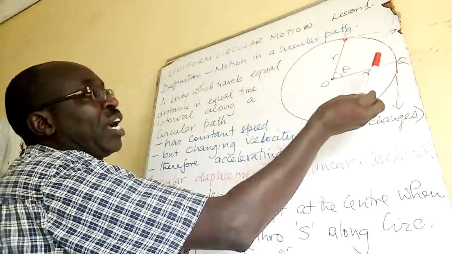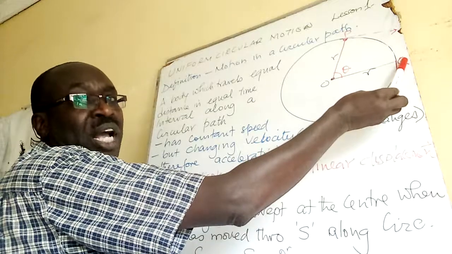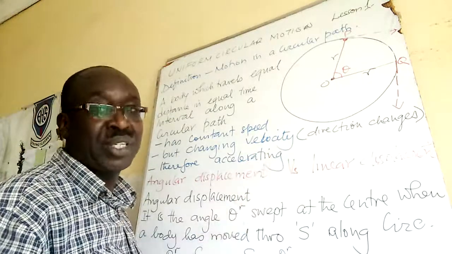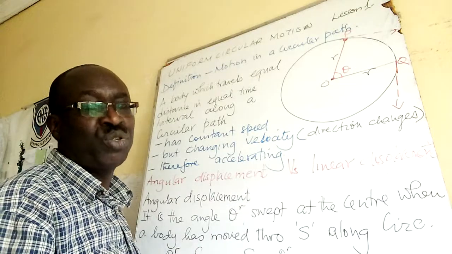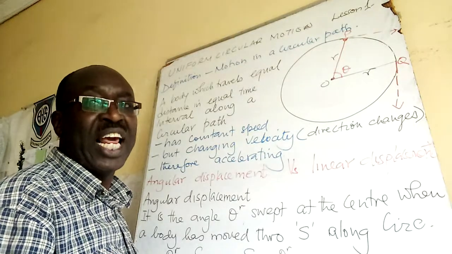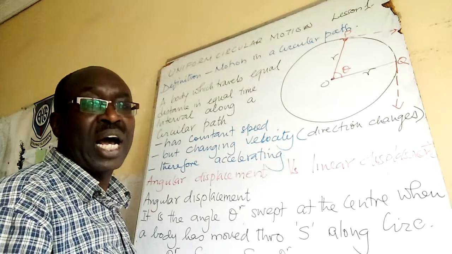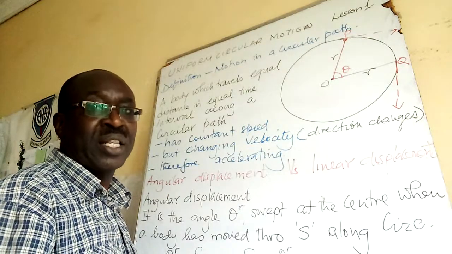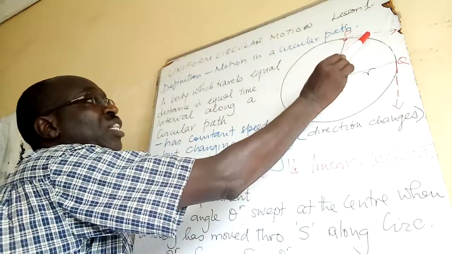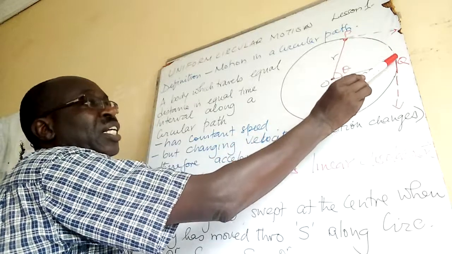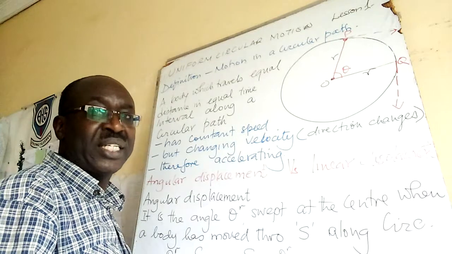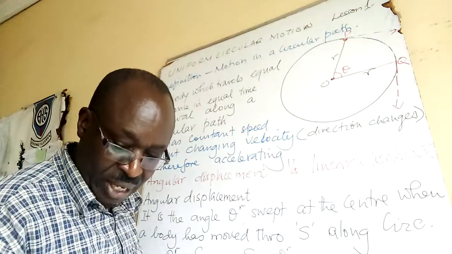And if I draw a line from where I stopped, point Q, to O, still this becomes a radius. Now I want you to get what we have done before. You can get the length of path taken along the circumference. What is distance? Distance is length of path taken.